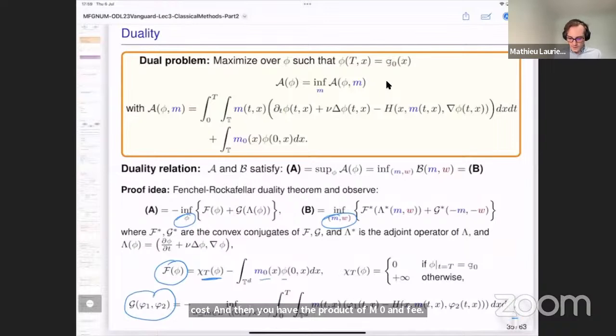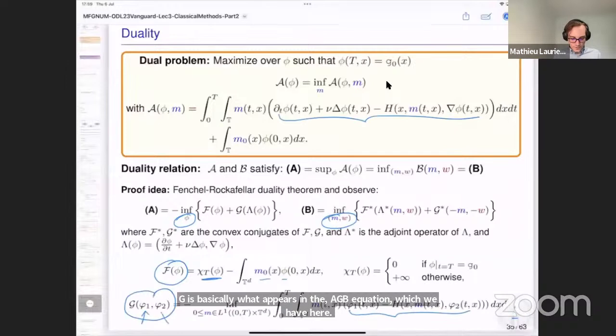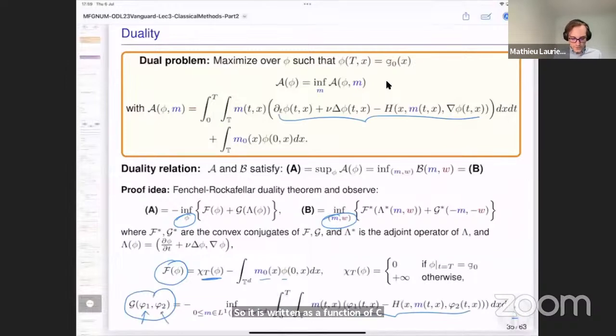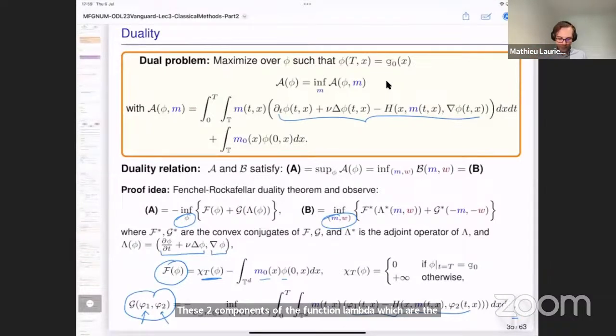And G is basically what appears in the HJB equation, which we have here. So it is written as a function of phi1 and phi2, but phi1 and phi2 are replaced respectively by these two components of the function lambda, which are the time derivative plus Laplacian, and then the gradient. So if you plug time derivative plus Laplacian here, and if you plug the gradient here, you get exactly the expression above.